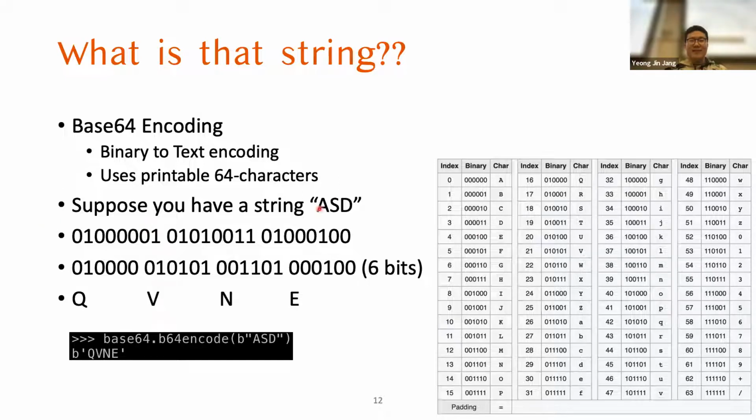No matter what kind of data we have, right now we have the printable characters ASD, 3 characters, 8 bits each, 24 bits. If we split the 24 bits into 6-bit groups, we will have 4 groups, and each can correspond to a character in the table. So the encoding turns this kind of string into Q, V, and a different string.